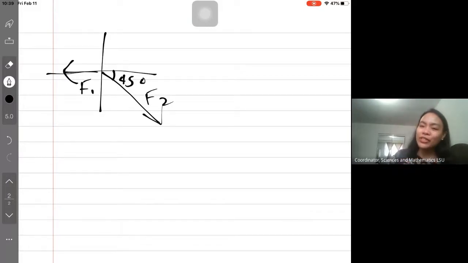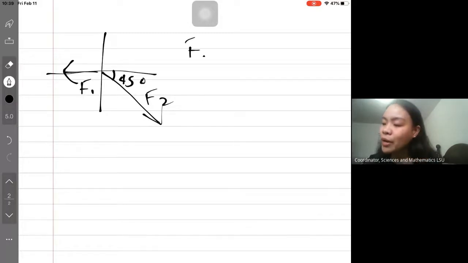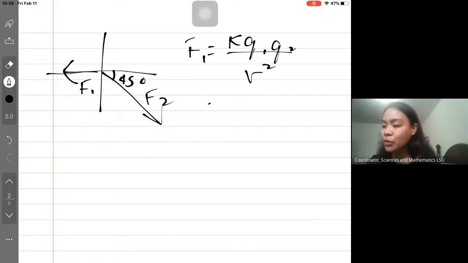So let us first compute for F1. In the previous screen, there is the computation there. I will be posting the slide for you. So let us first compute for our F1, which is k Q1 Q2 over r squared using Coulomb's law. We are going to use the Coulomb's constant again, 9 times 10 to the 9.